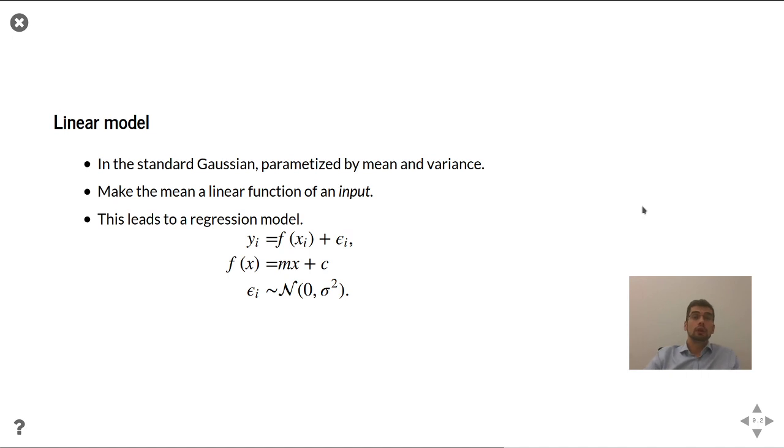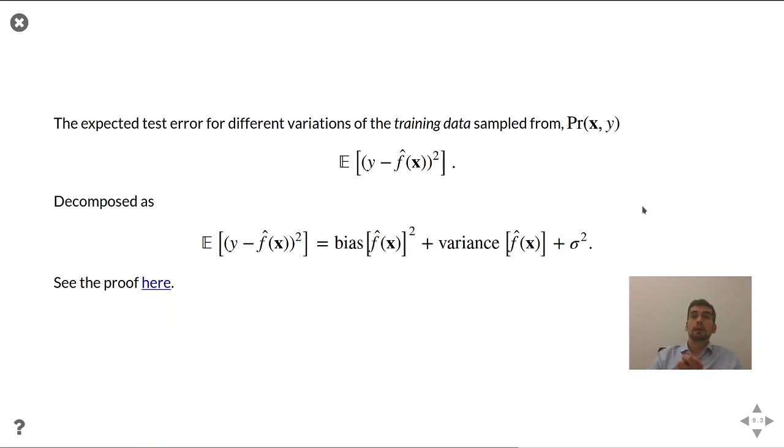For a simple statistical model like this one, a linear model with Gaussian noise, you can try to write down the expectation of your test error, and we can calculate it for different training sets.